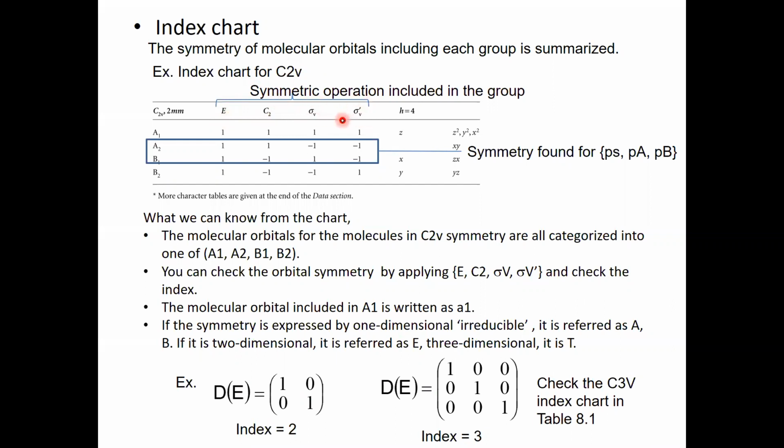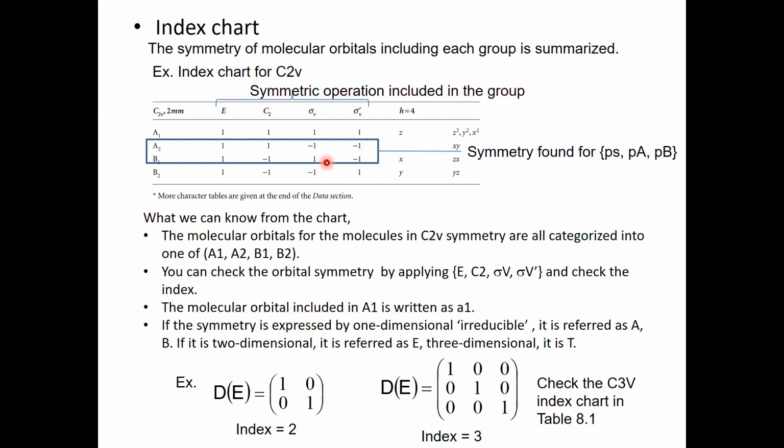And by applying the symmetry operation, you need to obtain the index number for the transformation matrix, right?